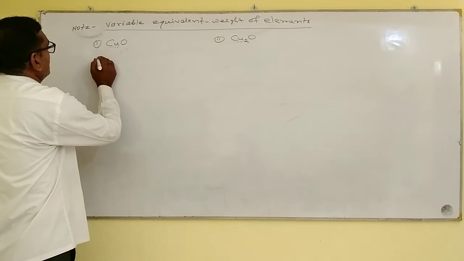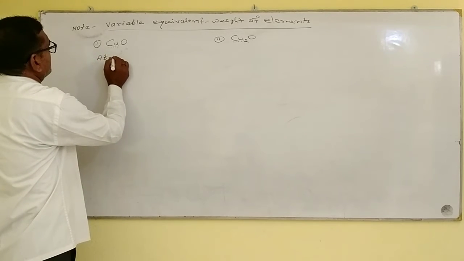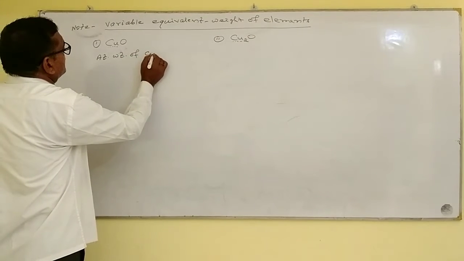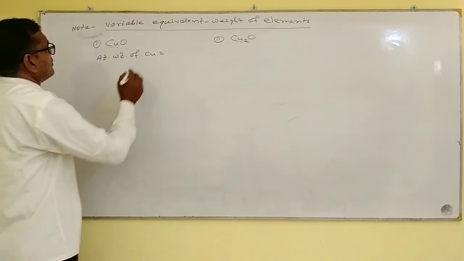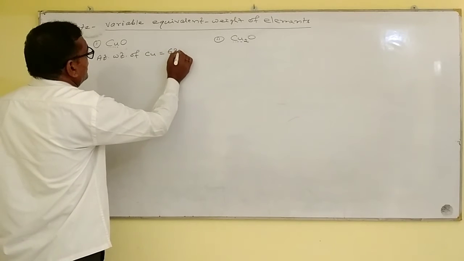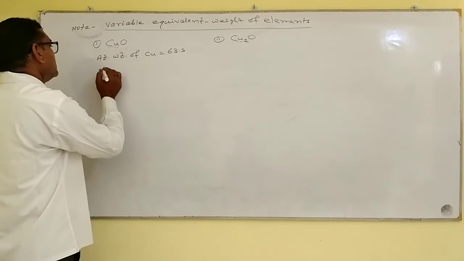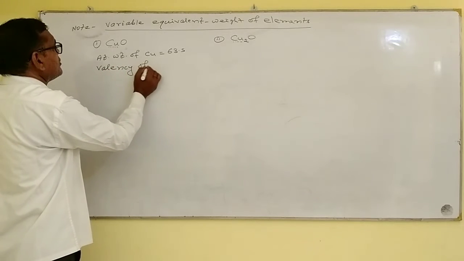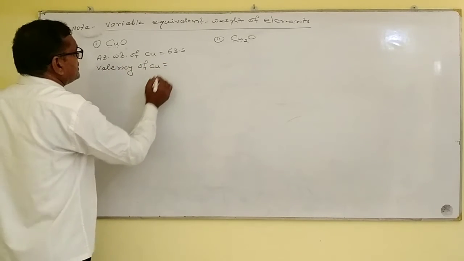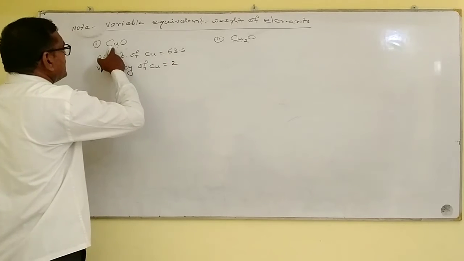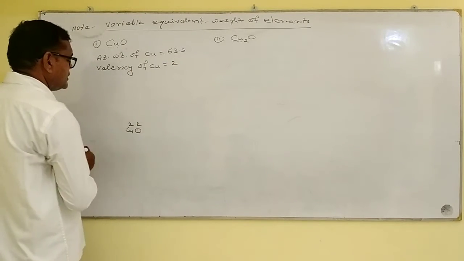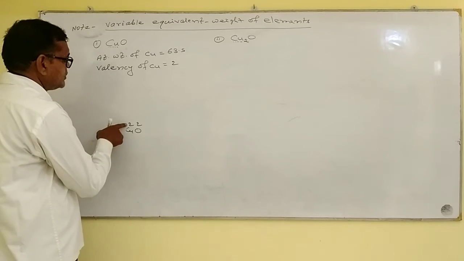First of all, we write atomic weight of Cu, 63.5. Valency of Cu is equal to 2. In cupric oxide, valency of copper is 2.